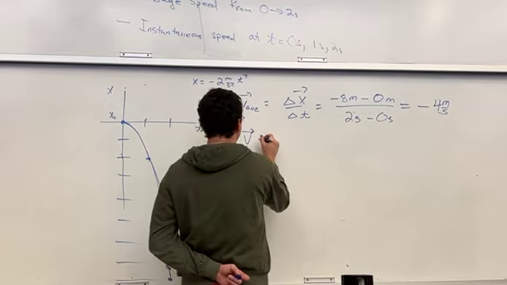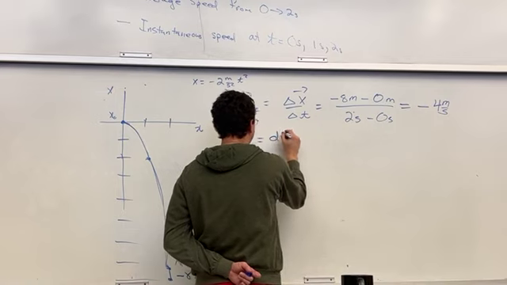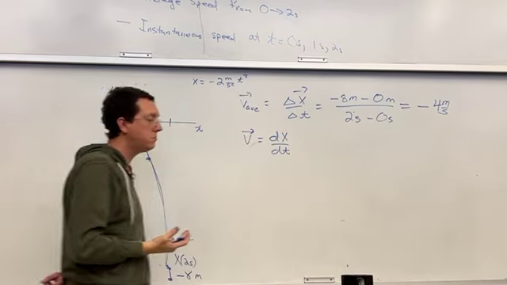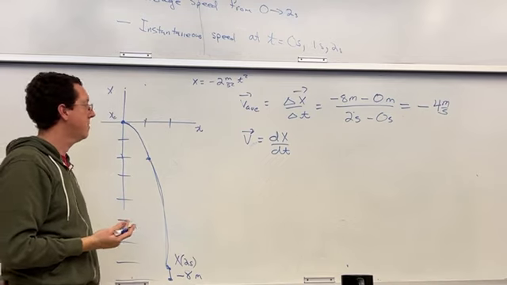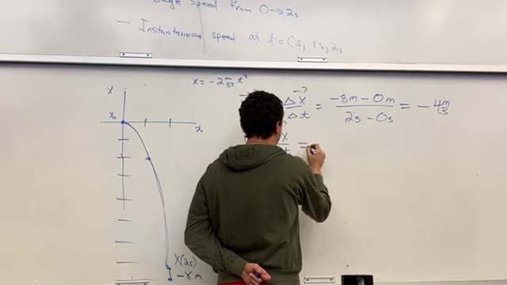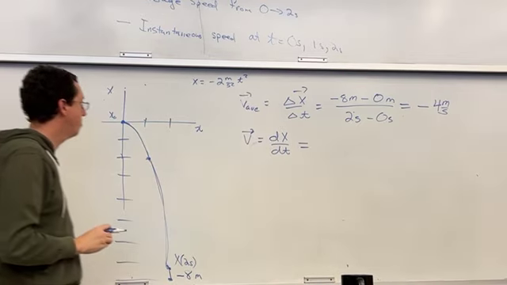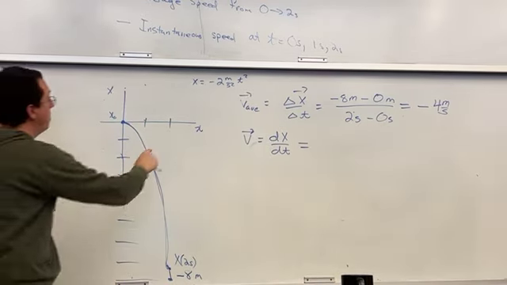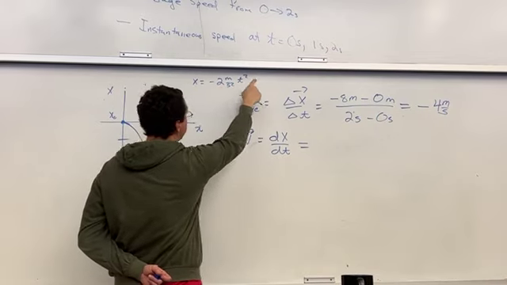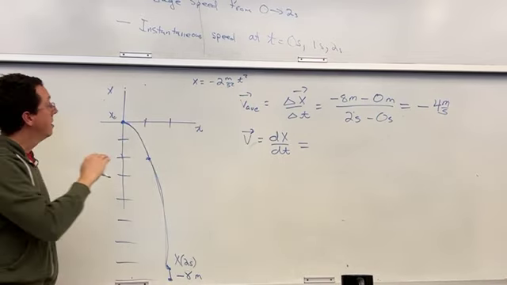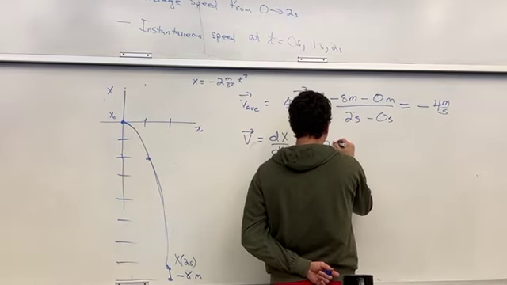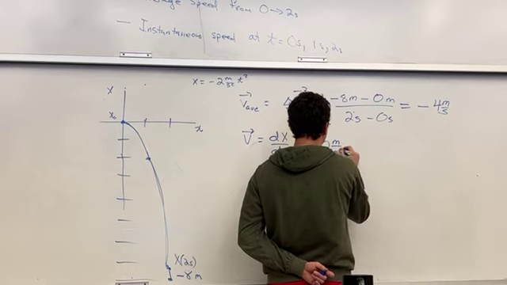Okay? So that is simply going to be the derivative of position with respect to time. Well, I have my formula here, -2 meters per second squared, t squared. The stuff out front is a constant, so it doesn't play a role. It just floats through.